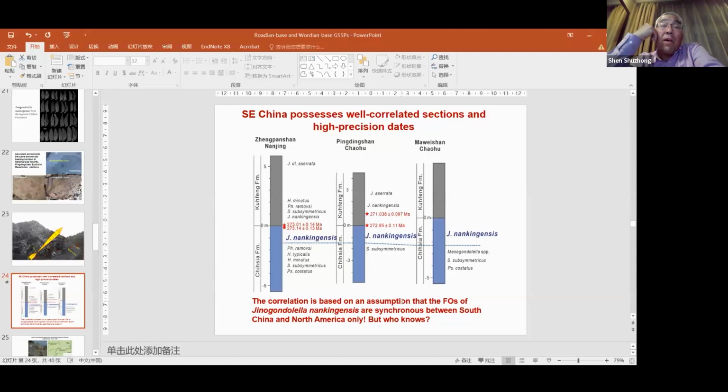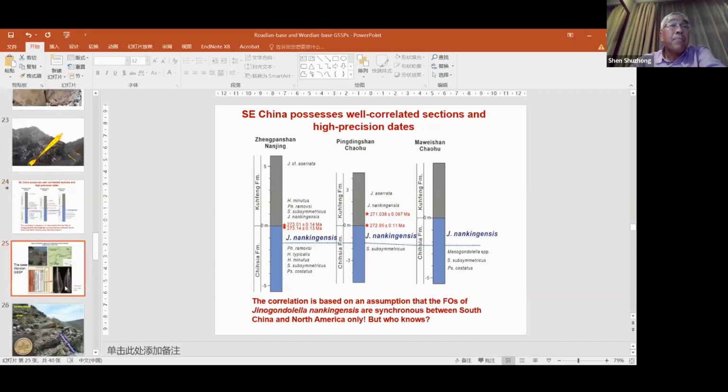So if we want to define the base of the Wordian at the stratotype canyon section, then Lance, Charles, and us, we need to solve the taxonomic problem for the serrated specimens, even 100 meters below the GSSP.